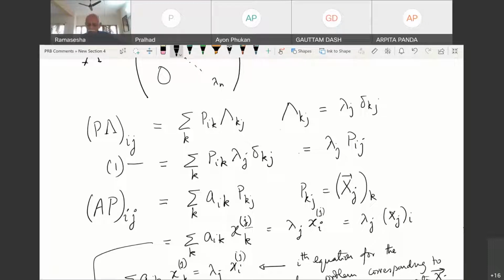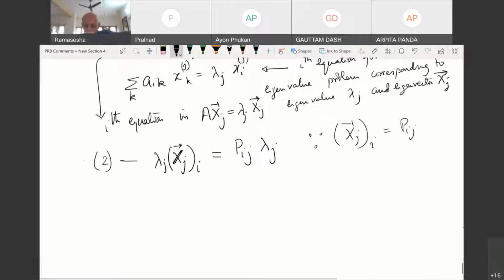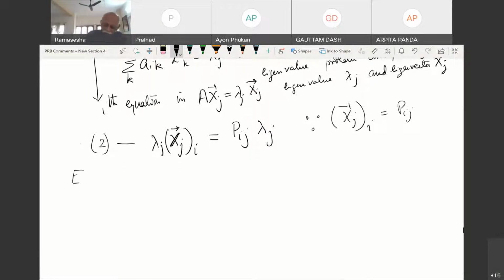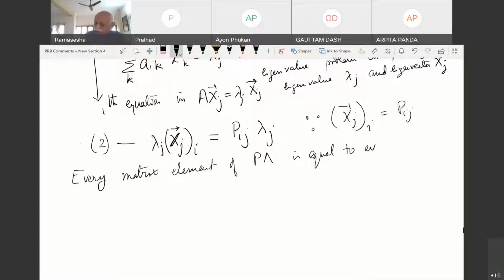So what happens is that P lambda is equal to AP, because every matrix element of P lambda is equal to every matrix element of AP, right?